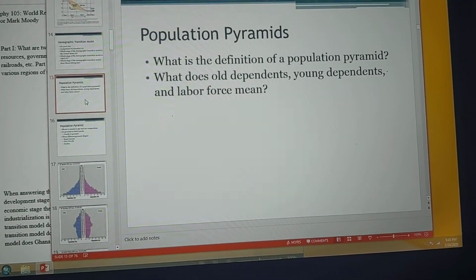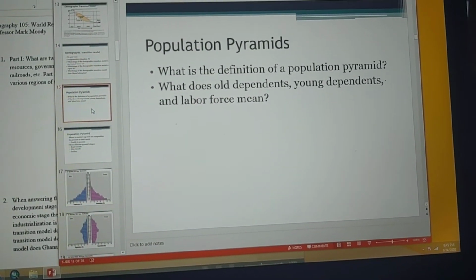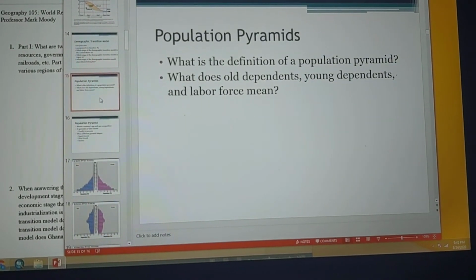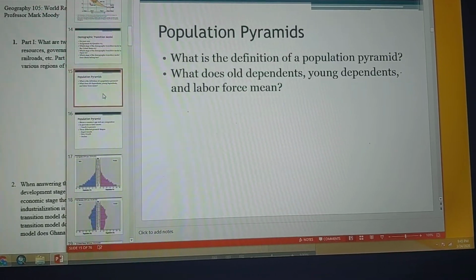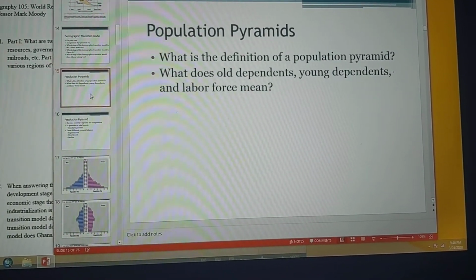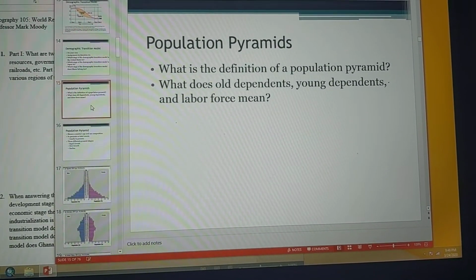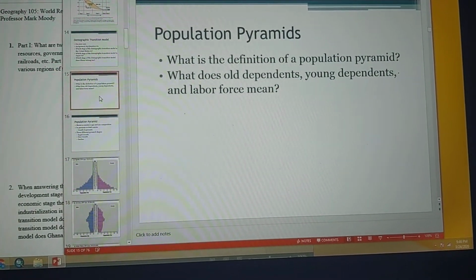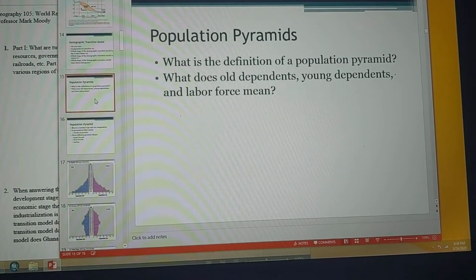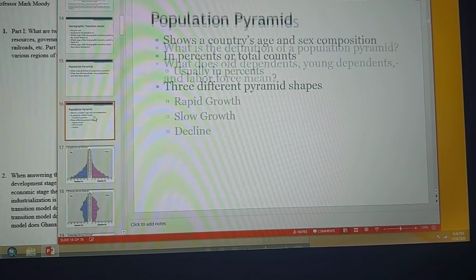Old dependents means people are 65 and over, so the average age of retirement. Young dependents are ones that can't work yet, so it'd be 0 to 14. And then labor force is people aged 15 to 64, okay? Age 15 to 64 meaning that you can be in the labor force, okay?